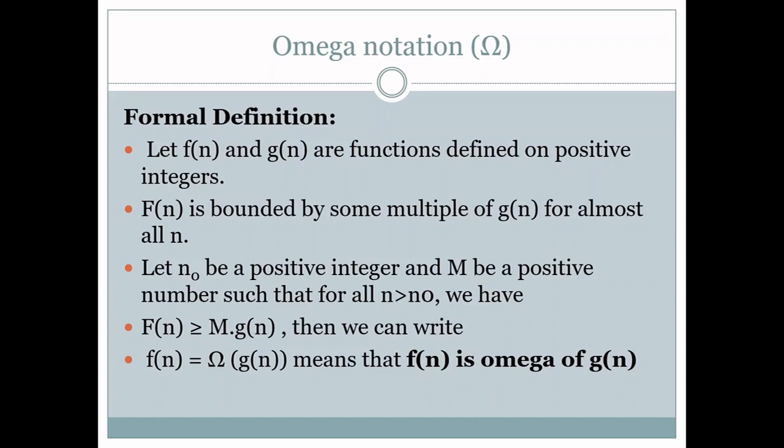In big O notation, we had f of n less than or equal to M dot g of n, and here f of n is greater than or equal to M dot g of n. In that case, we can write it as f of n equals omega of g of n, which is read as f of n is omega of g of n. So there is only one difference, that is the symbol used here.